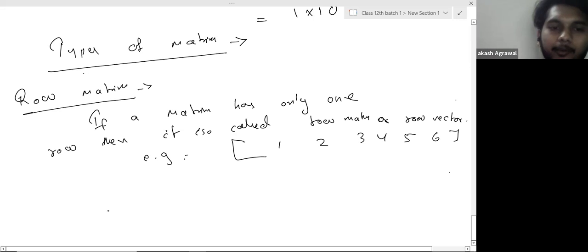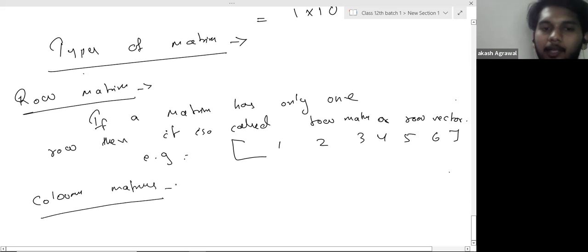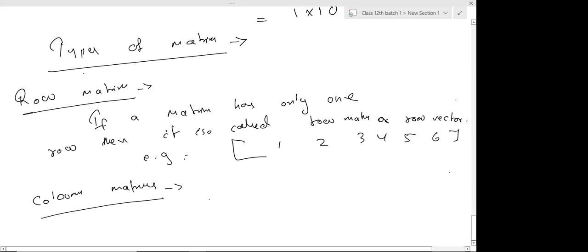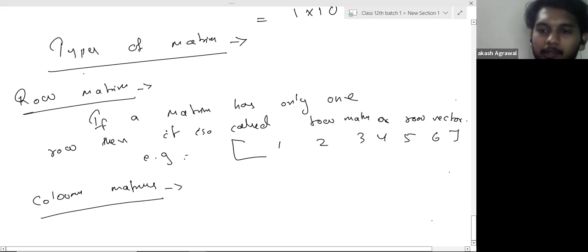All right, write it down. Another one is column matrix. I hope you can write this definition by yourself. Write down what is a column matrix and a row matrix.